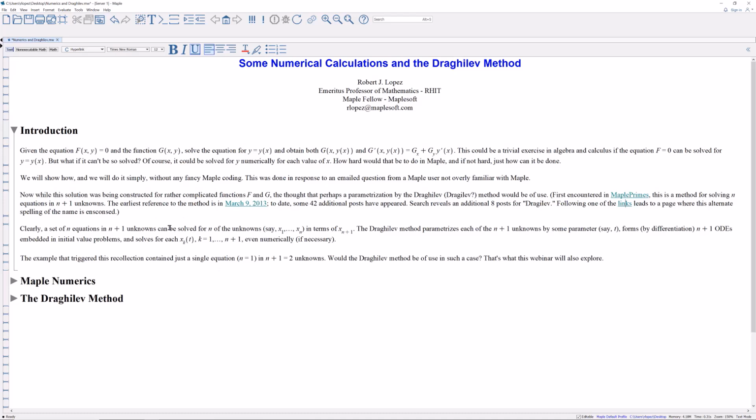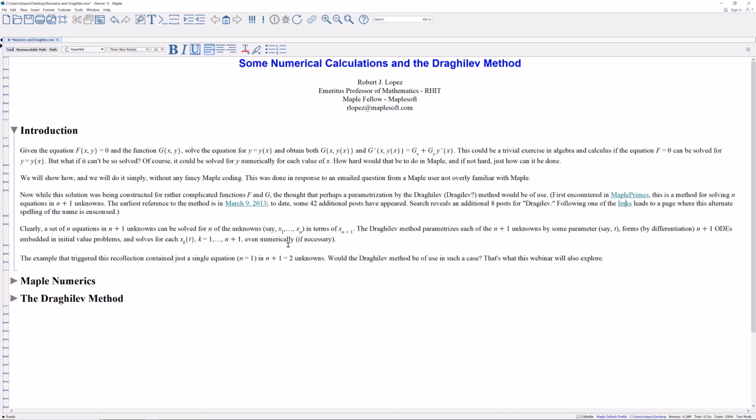basically allows for the parametrization of all of the unknowns. Right. So if you think about a set of n equations in n plus 1 unknowns, theoretically, you can solve for n of the unknowns in terms of the n plus first, so that the parameter becomes the n plus first.